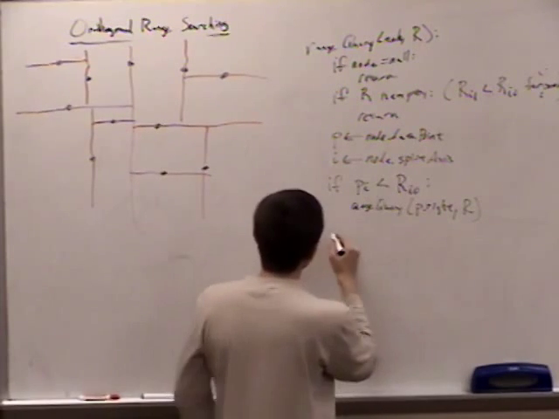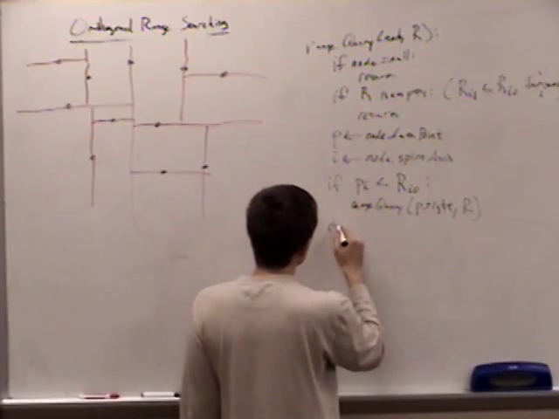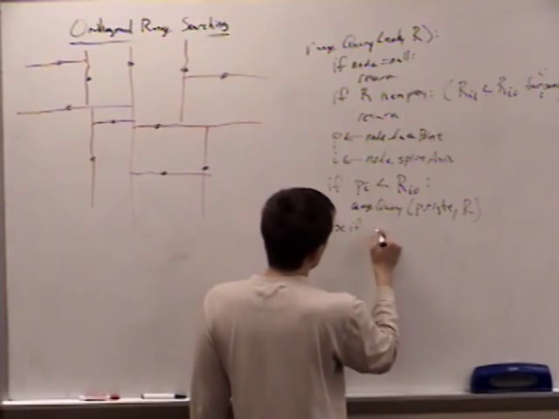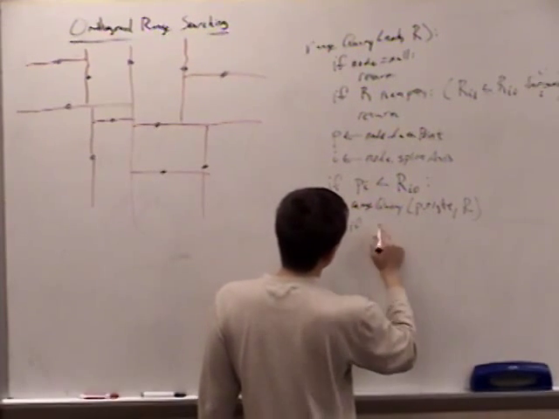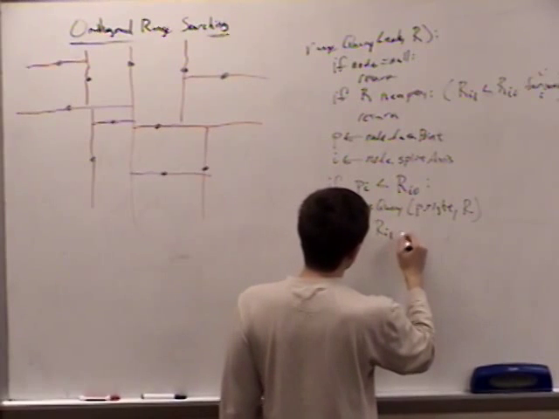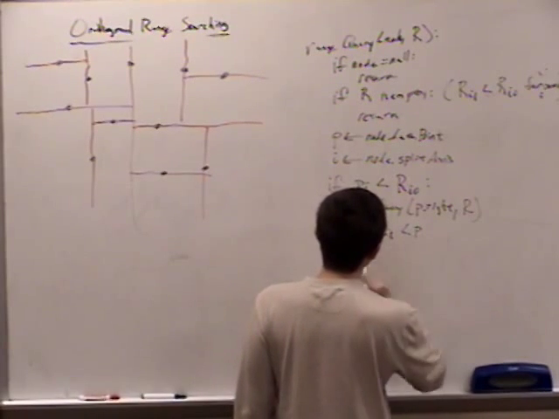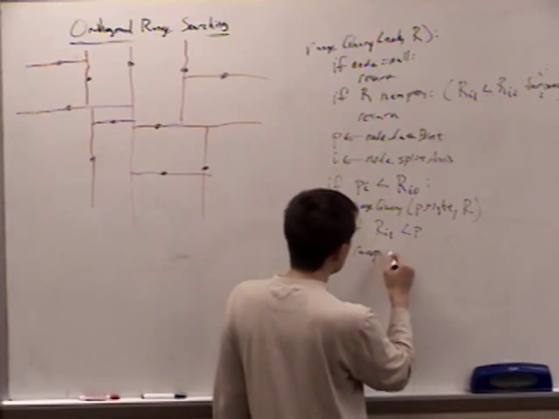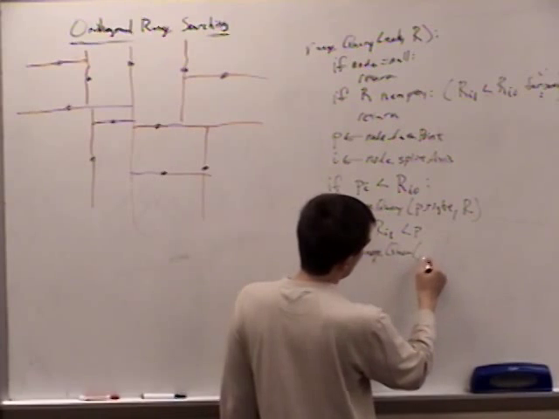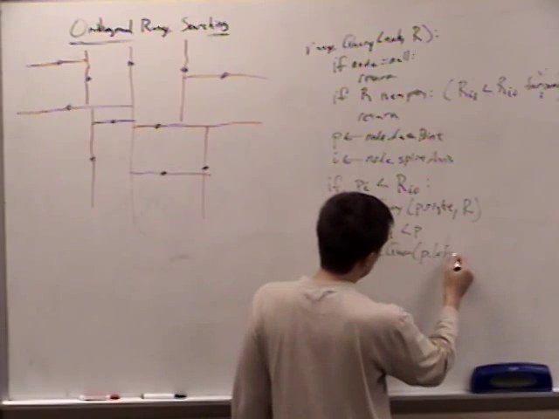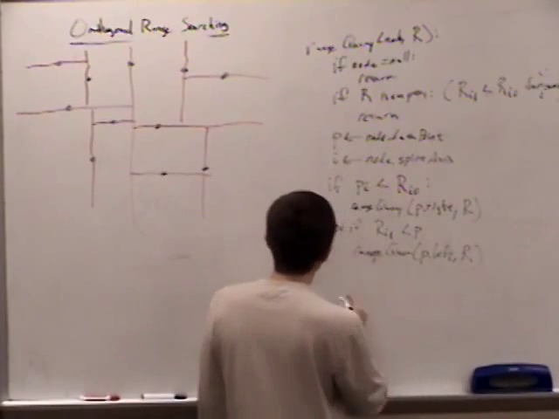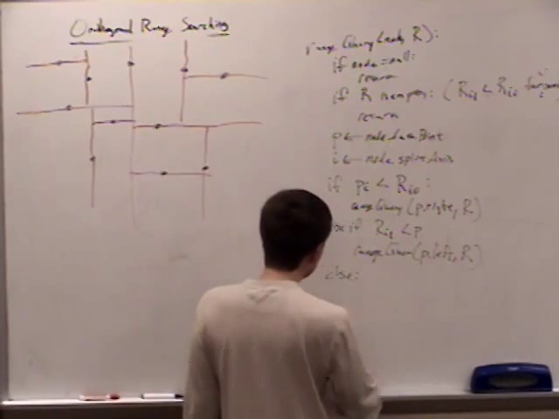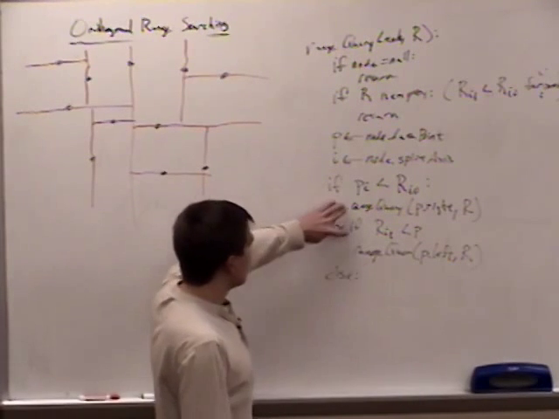Similarly, if R_i1 is less than P_i, then we're going to run the range query on P dot left. Otherwise, so these are the sort of two easy cases, right?